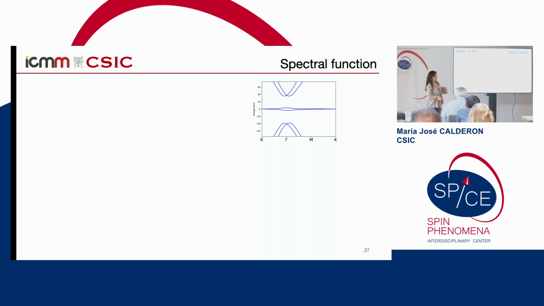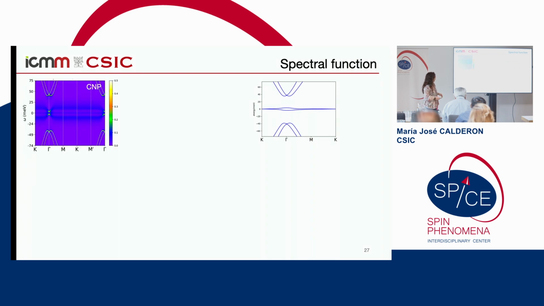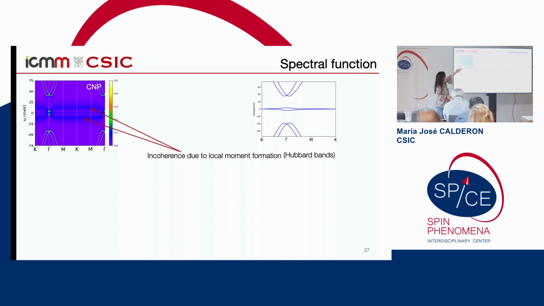Okay, and let's have a look now at the spectral function or the bands. This is what we have at the charge neutrality point at the Hartree level, in which you don't have these effects of the quantum fluctuations. And this is what we have at the charge neutrality point with dynamical mean field theory. So we see various things here. We see these Hubbard bands that are coming from the local moment formation.